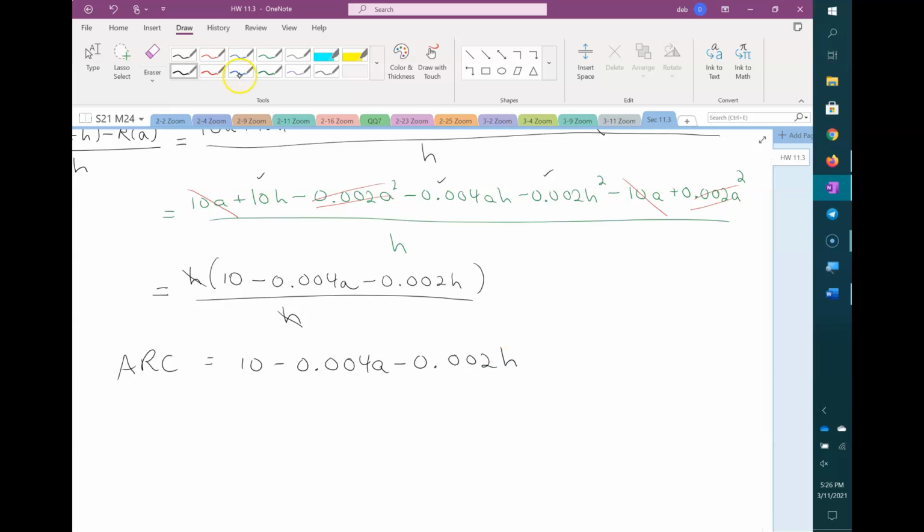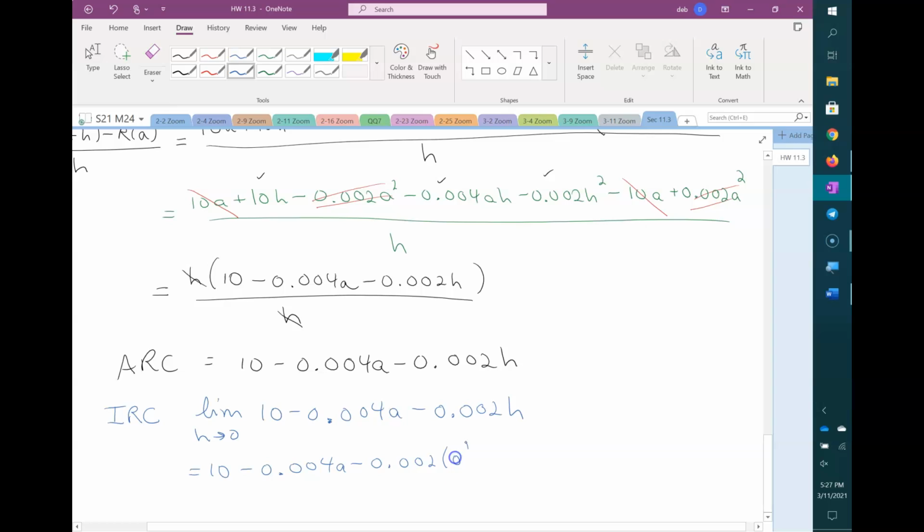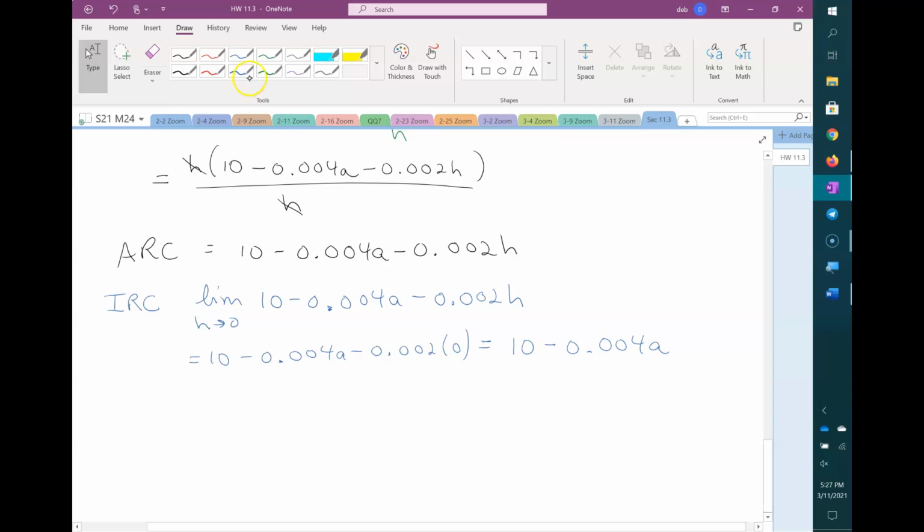Then my instantaneous rate of change is the limit as h goes to 0 of my average rate of change. So I put 0 in for the h. And my instantaneous rate of change is 10 minus 0.004a. That's for any value of a.